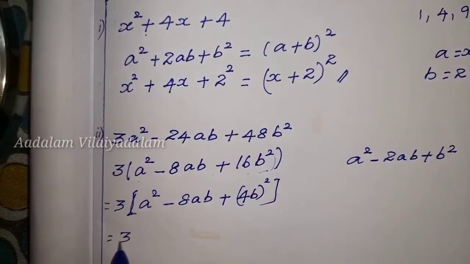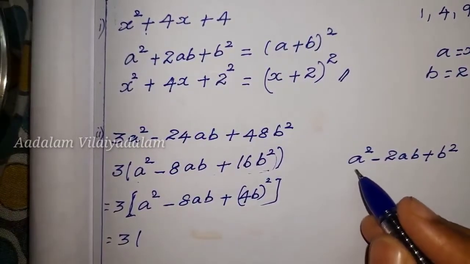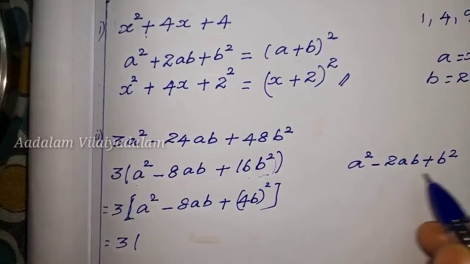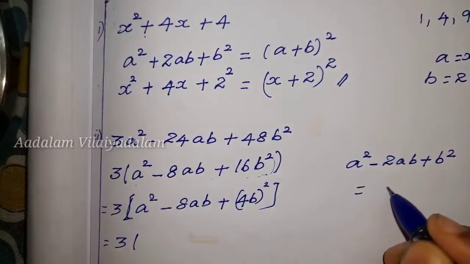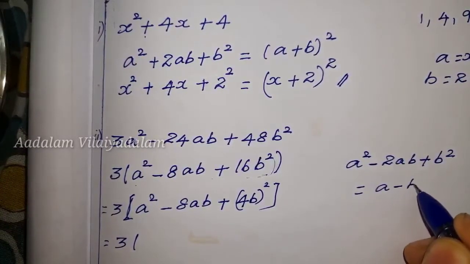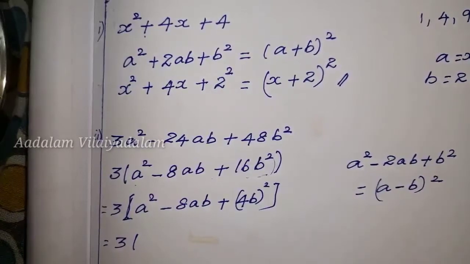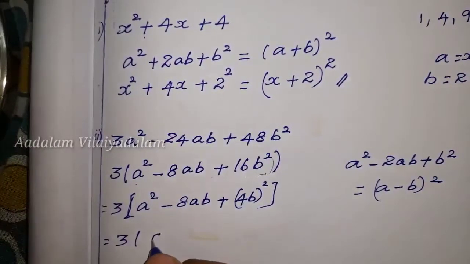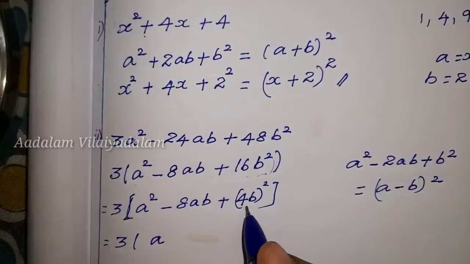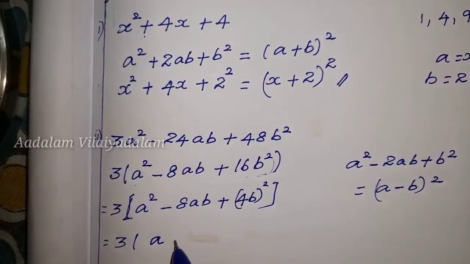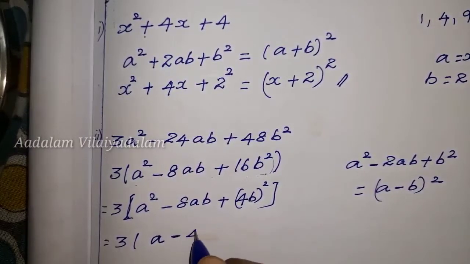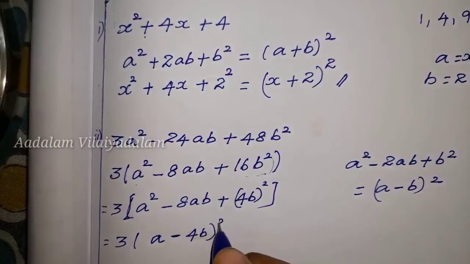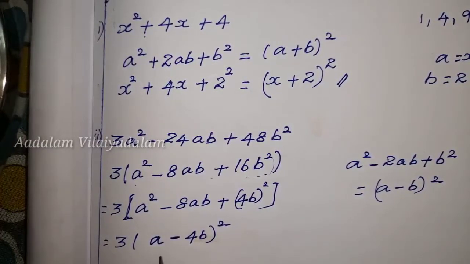So 3 into, what is the formula? a square minus 2ab plus b square is equal to a minus b the whole square. What is a? a as it is the same, only a. The b value here is 4b. So a minus 4b the whole square. So 3 into a minus 4b the whole square.